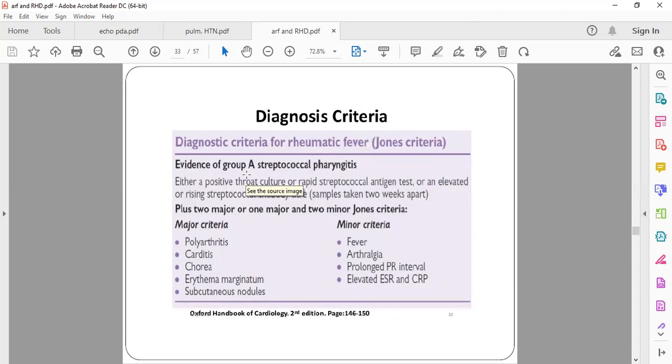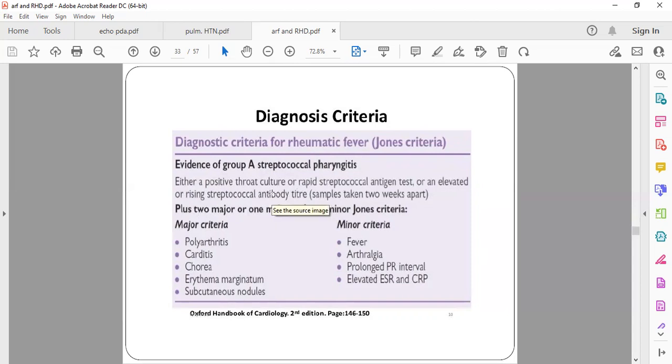You should have evidence of group A streptococcal pharyngitis, proven by a throat swab culture, a rapid streptococcal antigen test, or rising streptococcal antibody titers. You measure the antibodies to streptococcal antigen, called ASO titers, and repeat after 2 weeks. If there is a sequential increase in ASO titer, it means acute rheumatic fever.